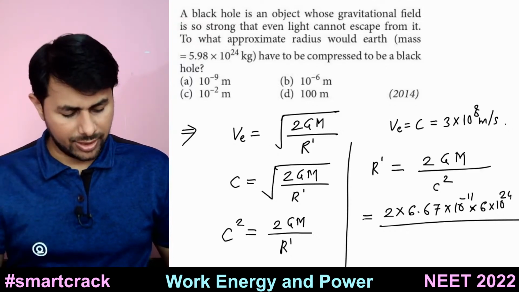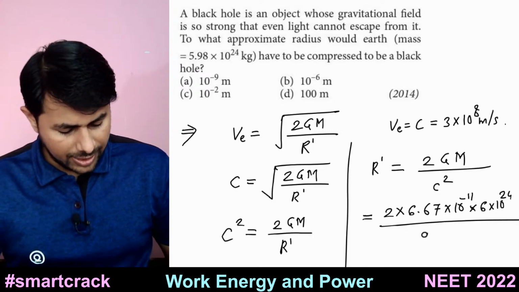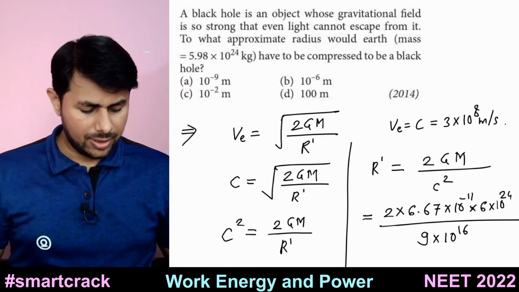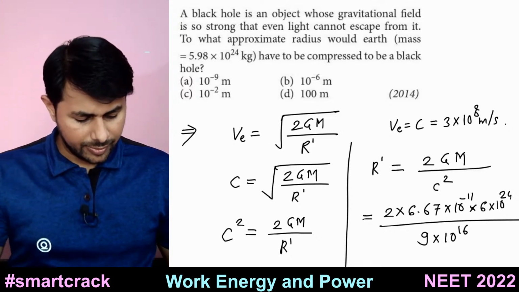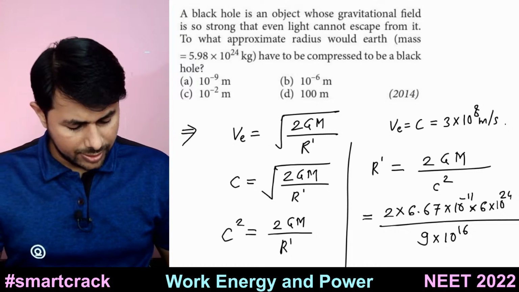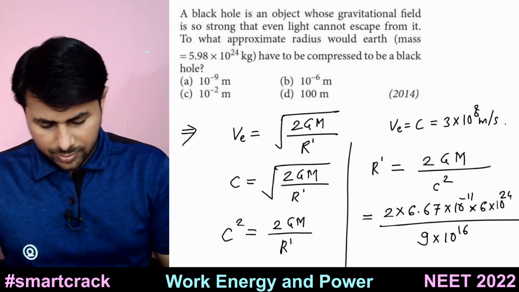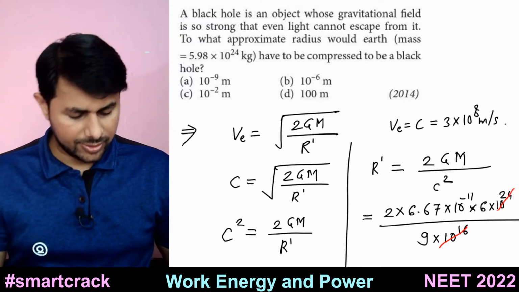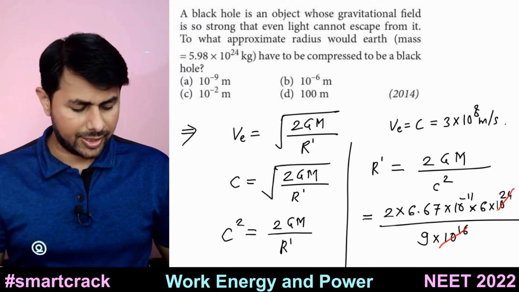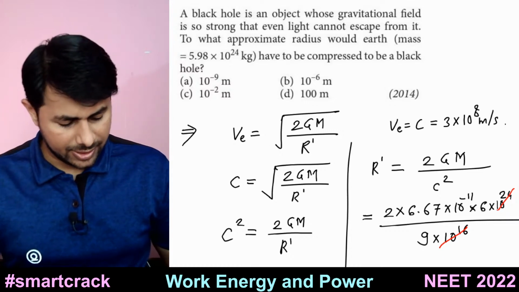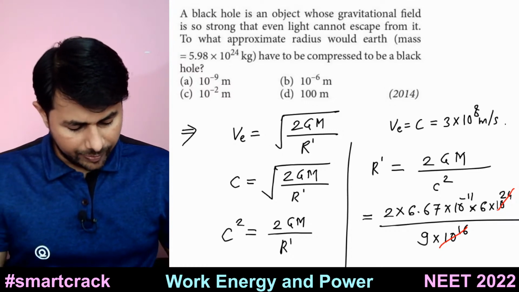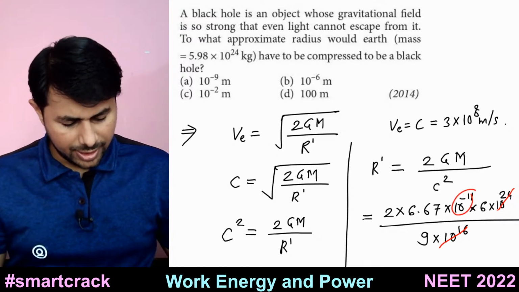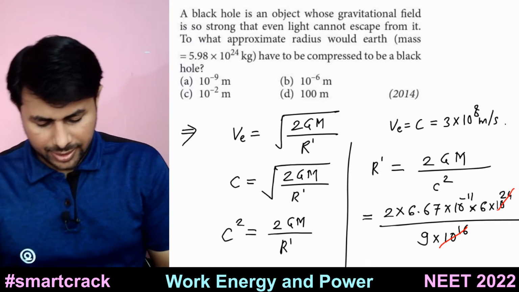So c is 3 into 10 raised to 8. Square of that will be 9 into 10 raised to 16. Now, this 10 raised to 16 will cancel with the 10 raised to 24, so 24 minus 16 is how much? 8. Okay, so we have 10 raised to 8 and here it's minus 11, so 10 raised to minus 3.